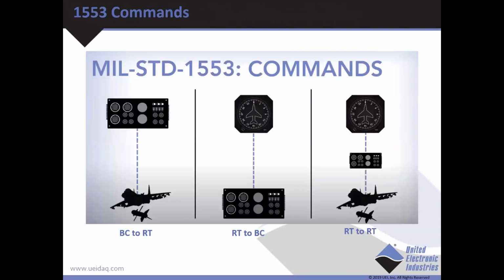Typical commands: the bus controller might send data to an RT, that's a BC to RT command, might be a firing command. The mission computer may need information from an instrument, that would be an RT to BC command. Or the bus controller may combine these two and have the instrument send another RT information. That's an RT to RT command.